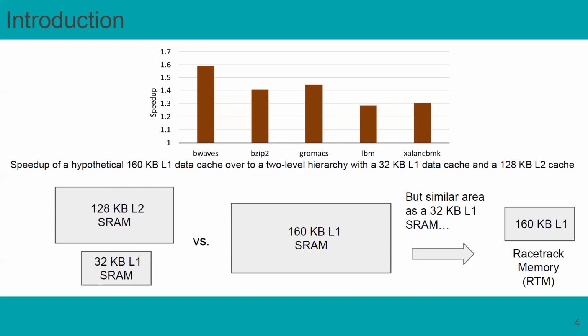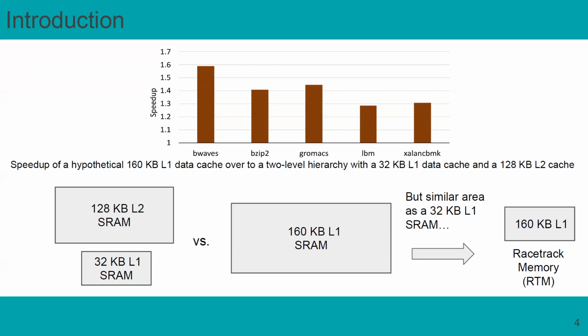Results are shown for 5 cache-demanding applications from the Spec CPU benchmark suite. Such a huge cache achieves at least a 30% performance improvement for all these benchmarks. In other words, the two-level cache could be replaced with a single-level cache, largely improving the system performance.